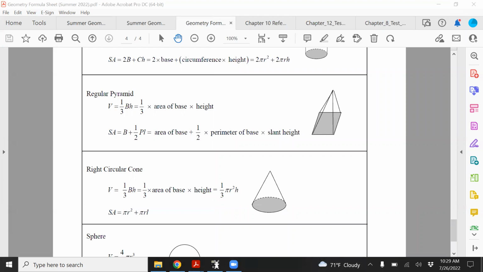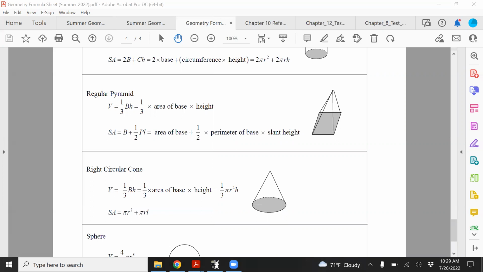For surface area, it's kind of wacky, but it's the area of the base. Then for a pyramid you get 4 triangles, so add all the areas of the triangles. For a cone, it's the area of the base, and then pi r l, which is basically half the circumference times the slant height. L is the slant height here.